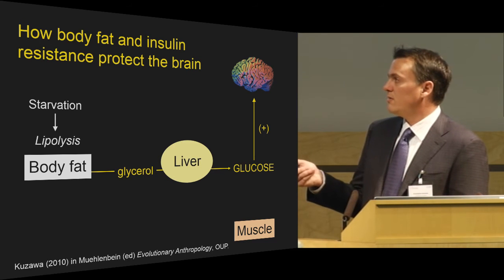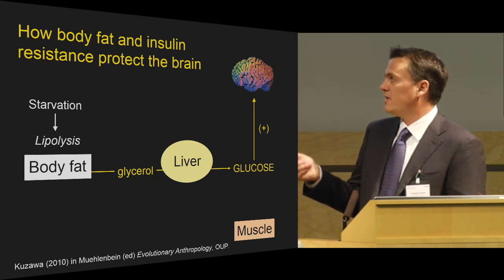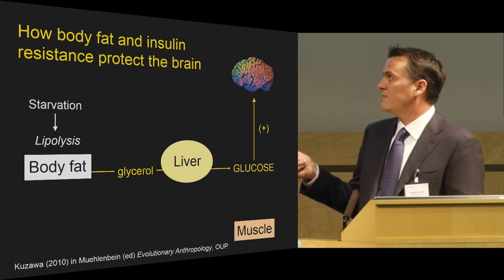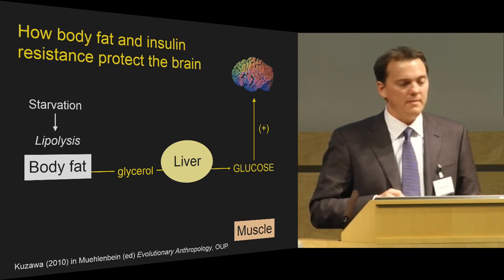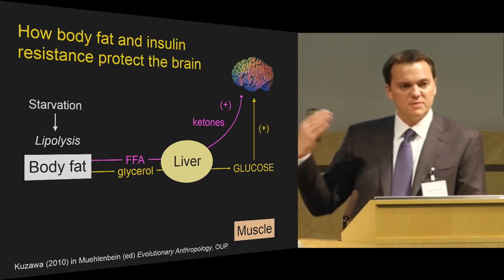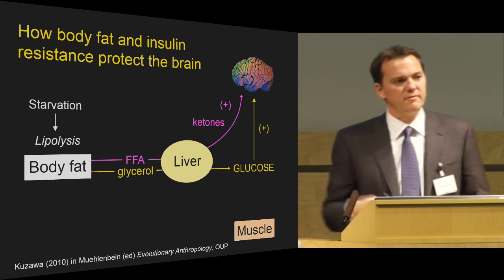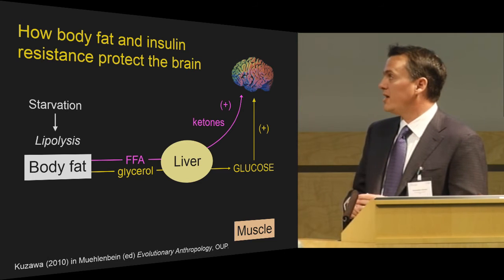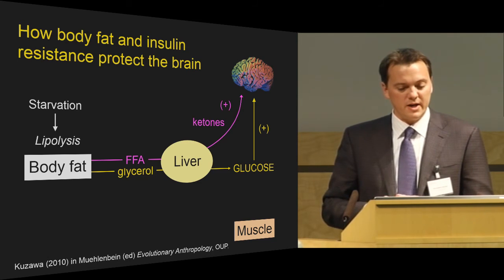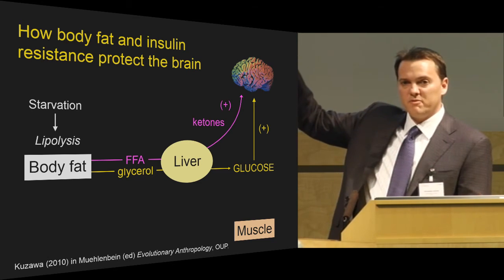Glycerol enters the liver, is a gluconeogenic substrate, becomes glucose, and feeds the brain directly. You also have free fatty acids, which go to the liver and lead to the formation of ketones that are taken up by the brain preferentially and used as an energy substrate.